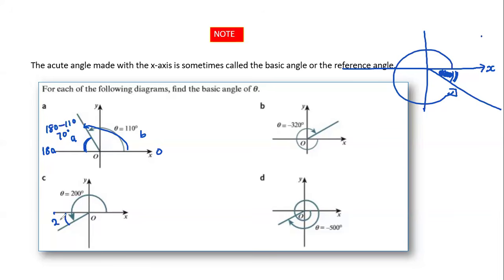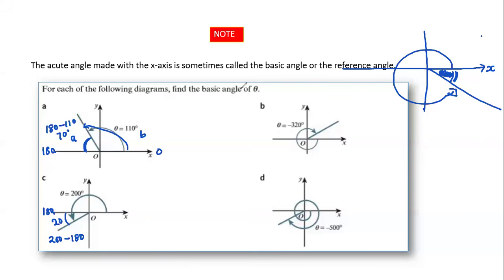How did you get 20? I know that here it's 180 and they moved 200 degrees. So I subtracted 200 degrees minus 180. Okay, thank you.